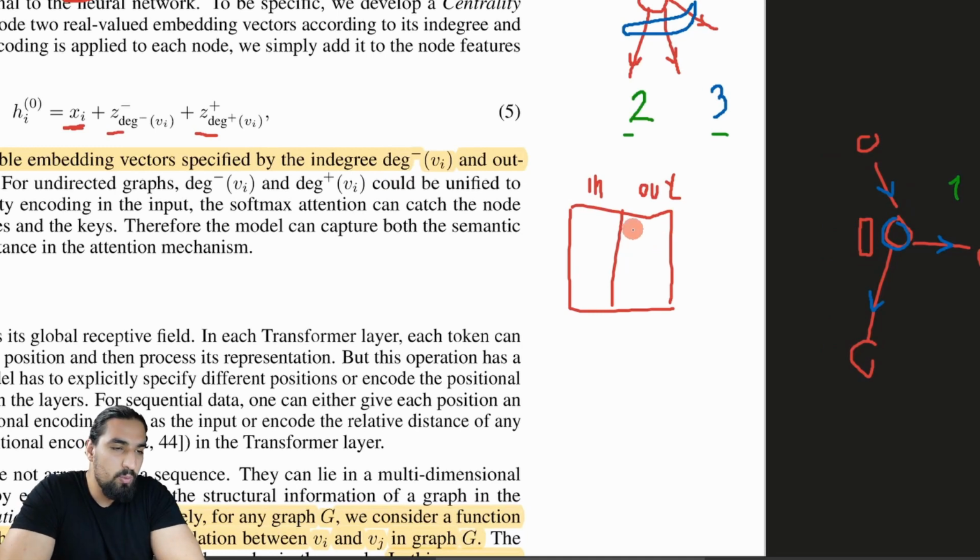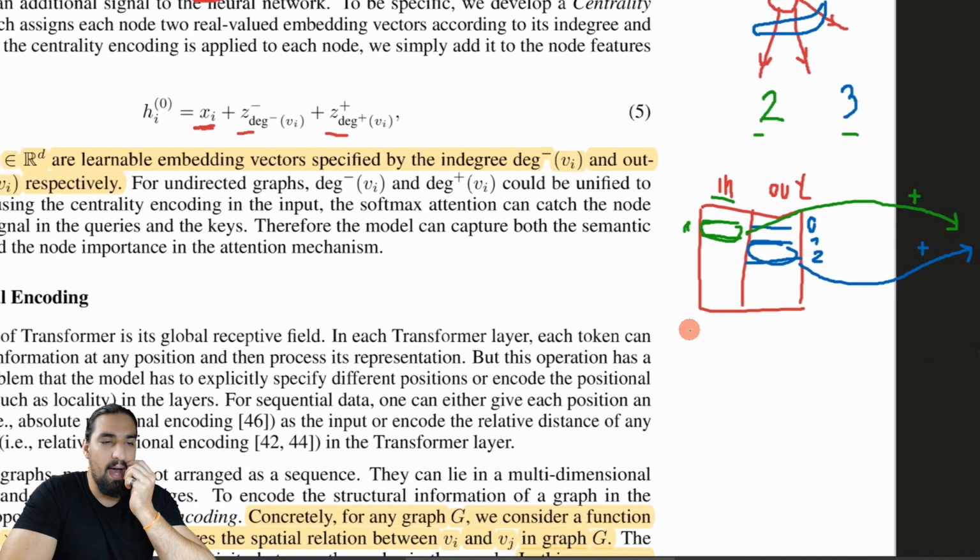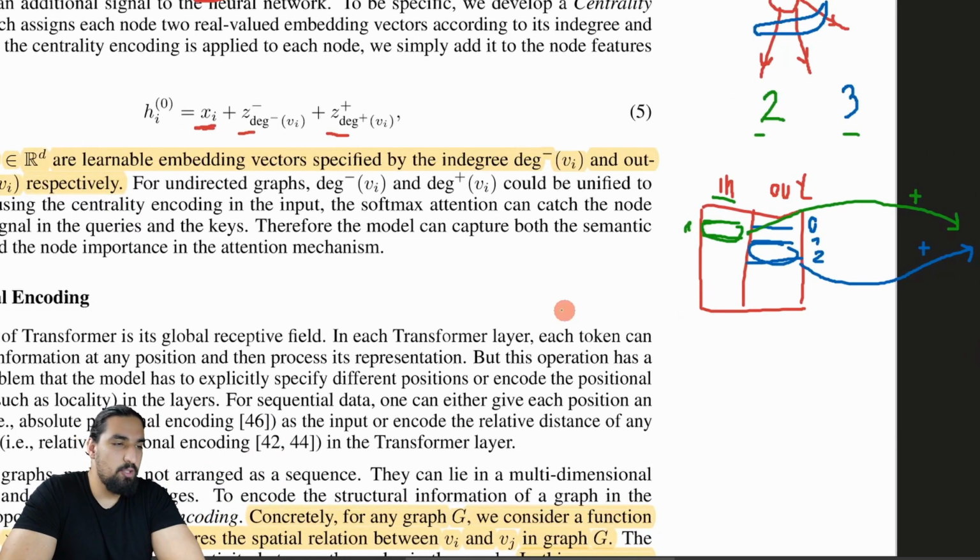This will be the 0th slot, 1st slot, 2nd slot. We'll take this vector here and add it directly to this one. And because we have 1 in degree, we go to the in degree column and index into this one. So this is 1. We take this vector and again add it to this representation. That's basically what they do.